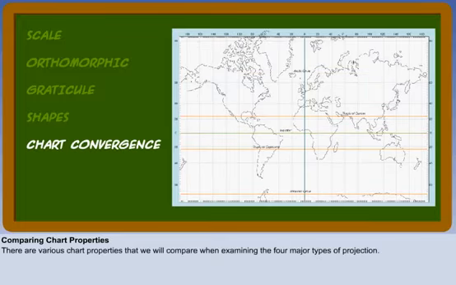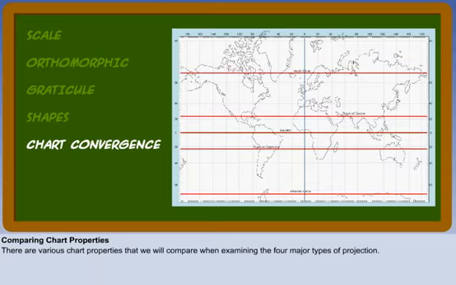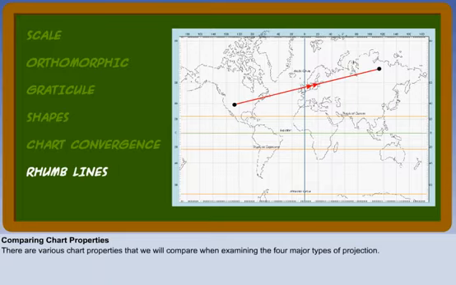You will learn that this is not the same thing as Earth convergence. And finally, the appearance of rhumb lines, great circles.